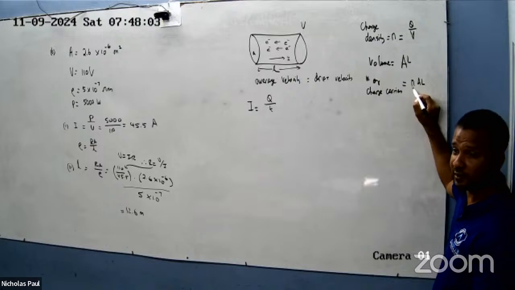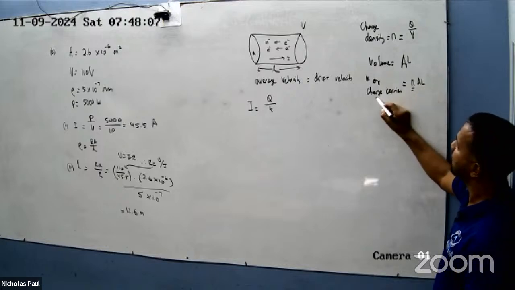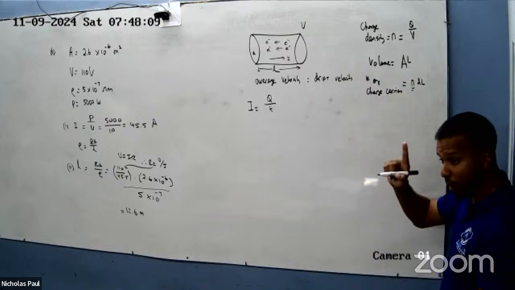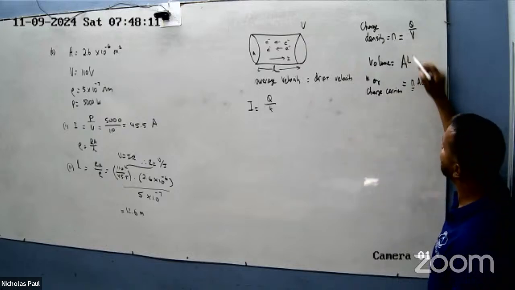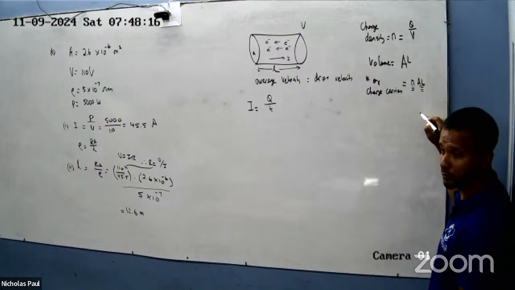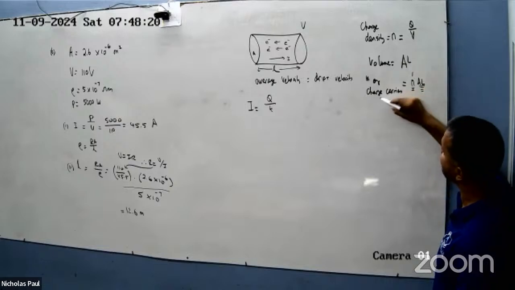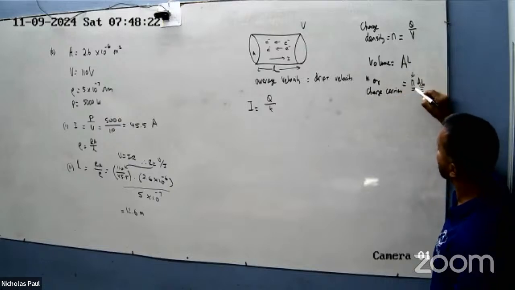You're watching this, right? The number of charge carriers, that's the number of electrons. The number of electrons is the charge density multiplied by the volume.